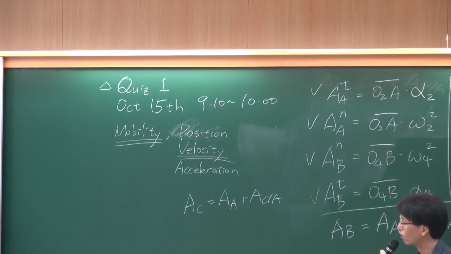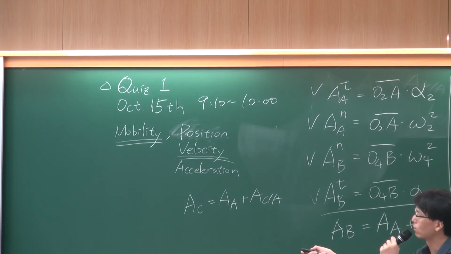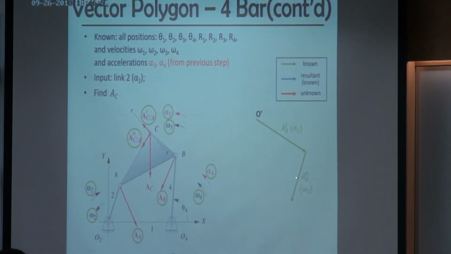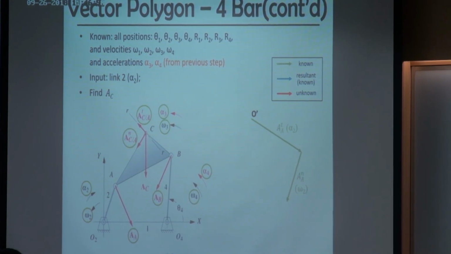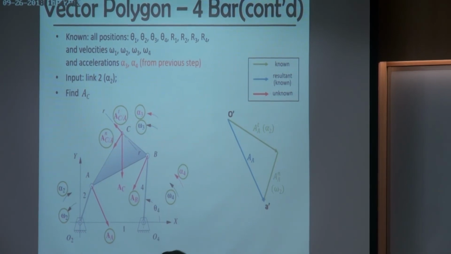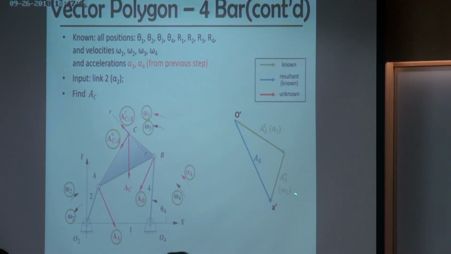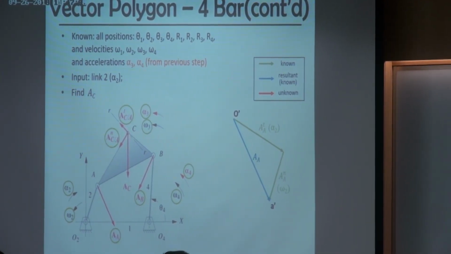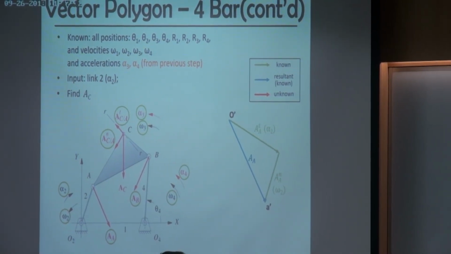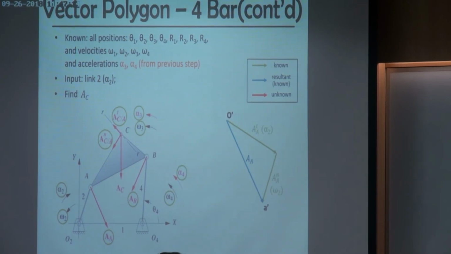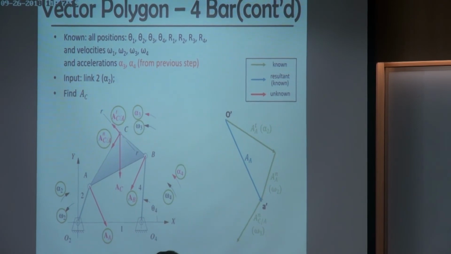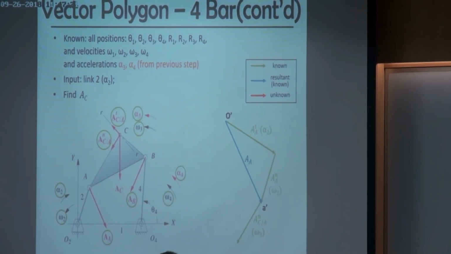We already know all the information about point A. This is the same as the previous slides, so I just draw the same thing as the previous slides. We already know AA, but we try to find ACA. And if I can find ACA, I just combine these two together and I can find AC. So for ACA, the same as this one.